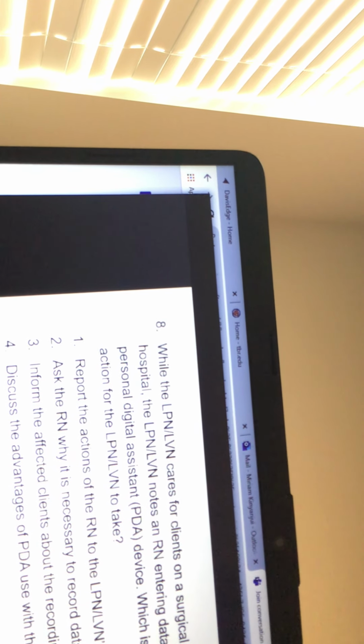So let's do our tree. What's the topic? Let's see if anybody can figure out the topic. Step 1. Breaking HIPAA. Good job.